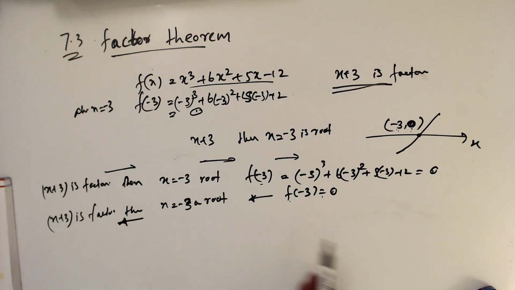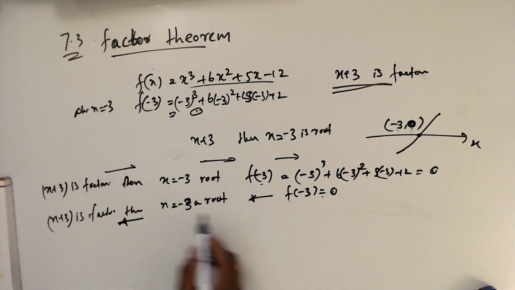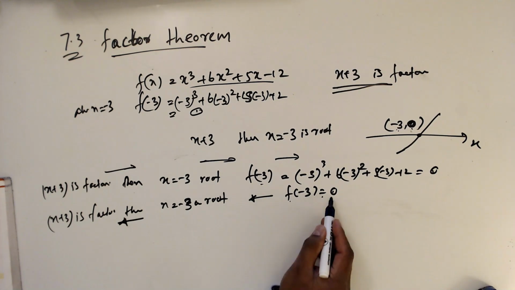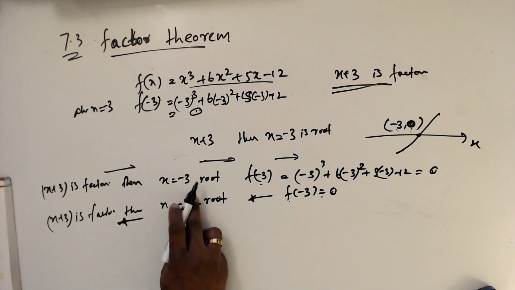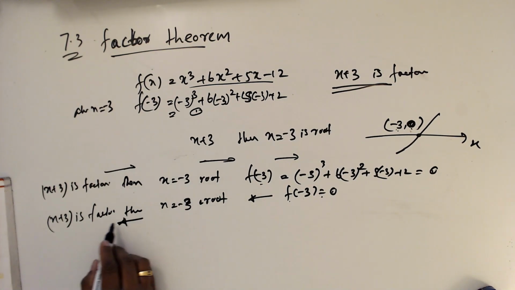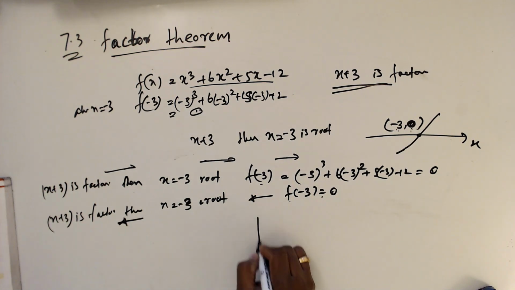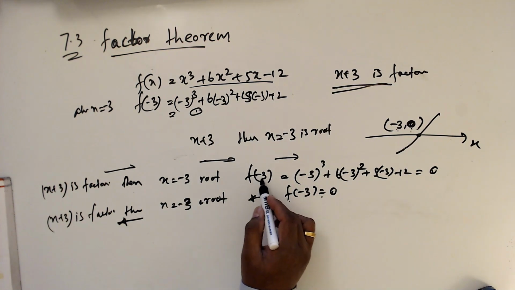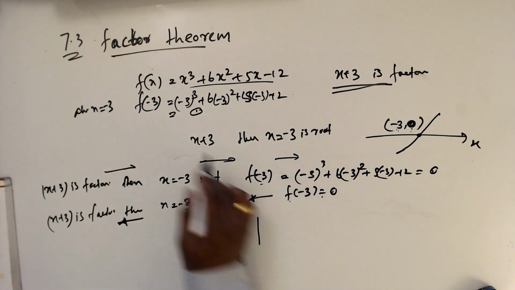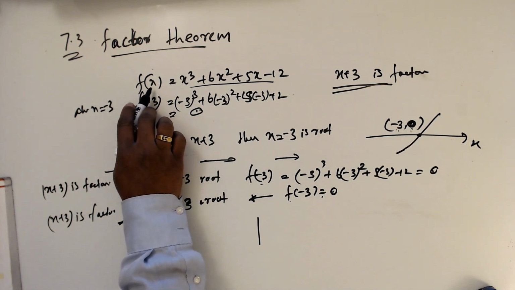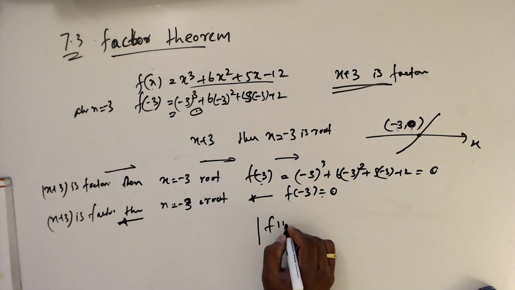In other way, if you substitute some value, minus 3, then this has become x minus 3. If this is equal to 0, then this has become minus 3. Then this is a root, and then this one is plus 3. Now I'll substitute a random value.